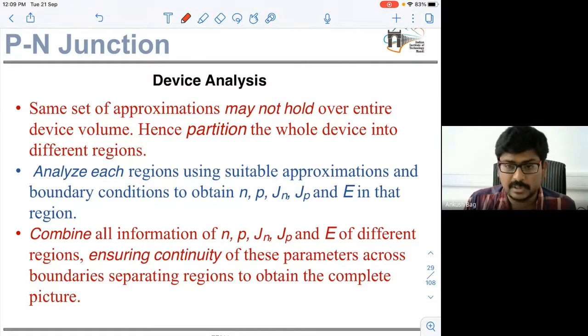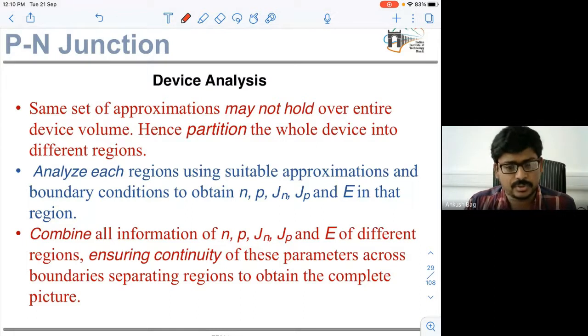So we'll partition the overall device into different sections and apply a different set of approximations.